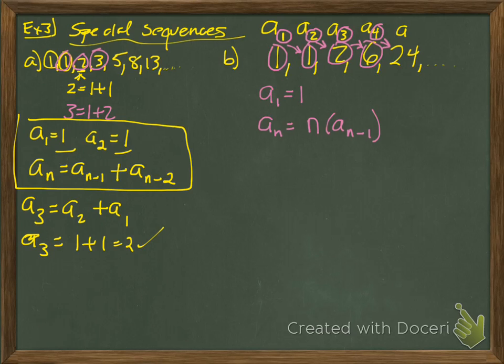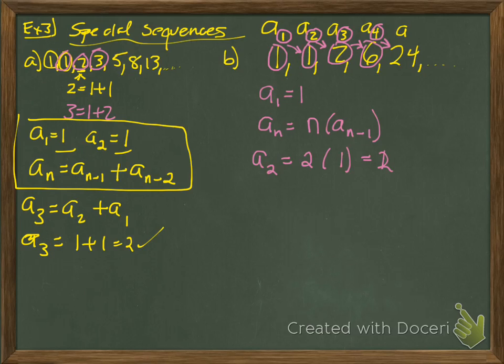Let's see if that generates the sequence as wanted, and we can make changes as needed. So if I wanted a sub 2, the second term, then I'm plugging in 2 times the previous term, which is 1, and I don't think that worked, right? I would get 2 there, and I do want a 1. So I have to change something here. I think what we have to do is, oh, I know what we did.